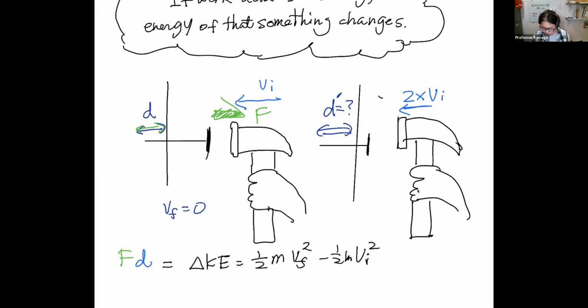Either way, the hammer has to stop. To stop the hammer, the nail is going to apply a force, and the final speed of the hammer is 0. But now instead of the same initial velocity, you're moving it with twice the initial velocity.